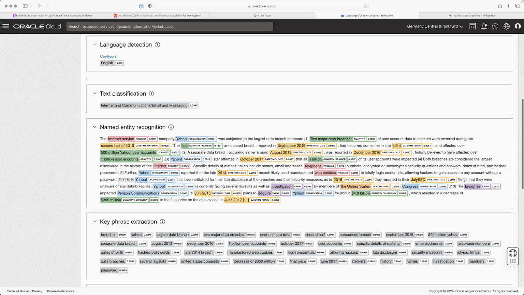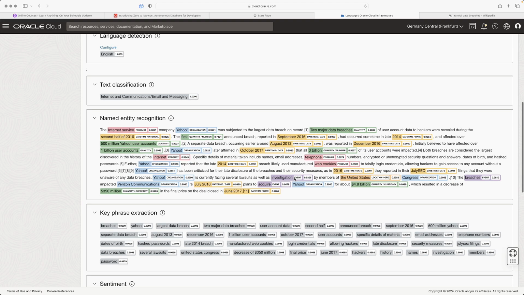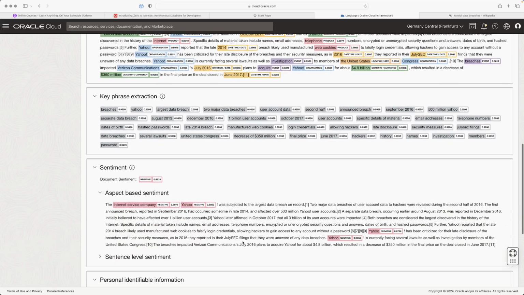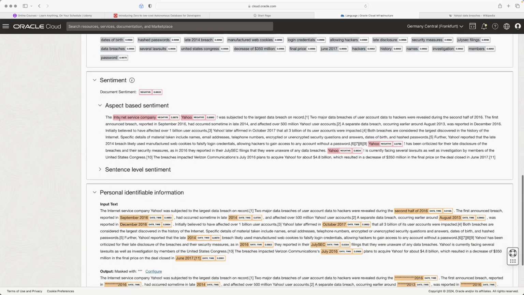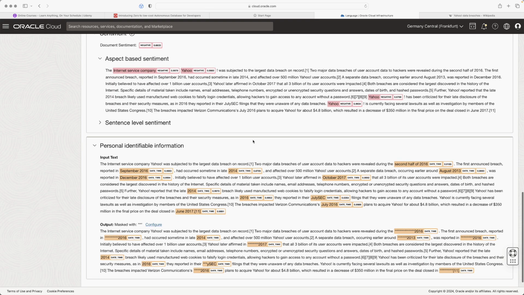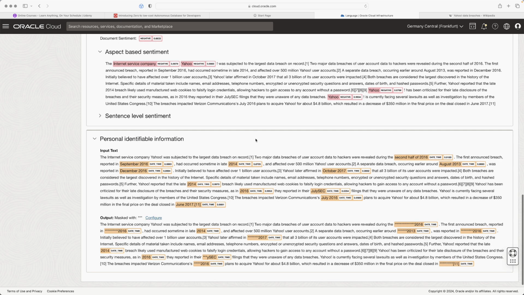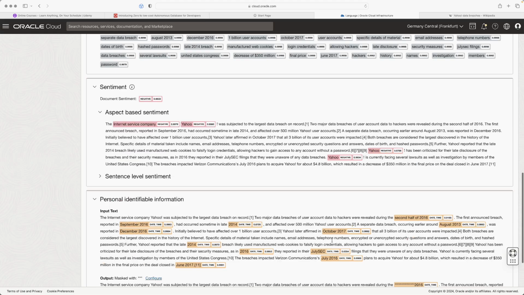They happened in September 2016 and August 2013. And if you see the sentiment analysis, it is negative, because it's a data breach, so it's able to understand that this is a negative sentiment. Talking about masking the data, if you see October 2017, it's masked the month and just given the day and the year. This is all about masking.